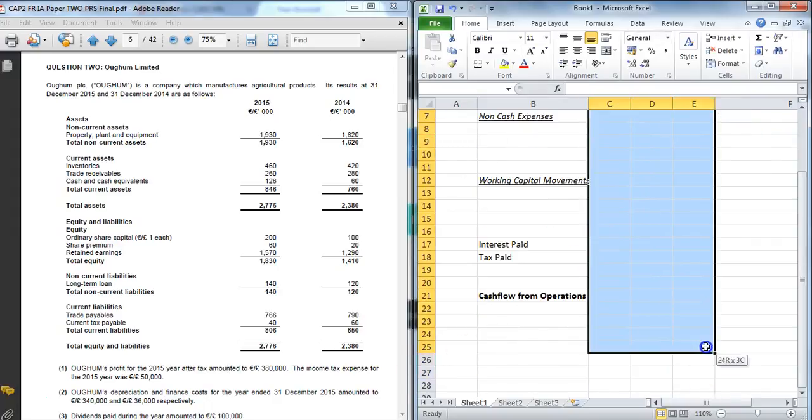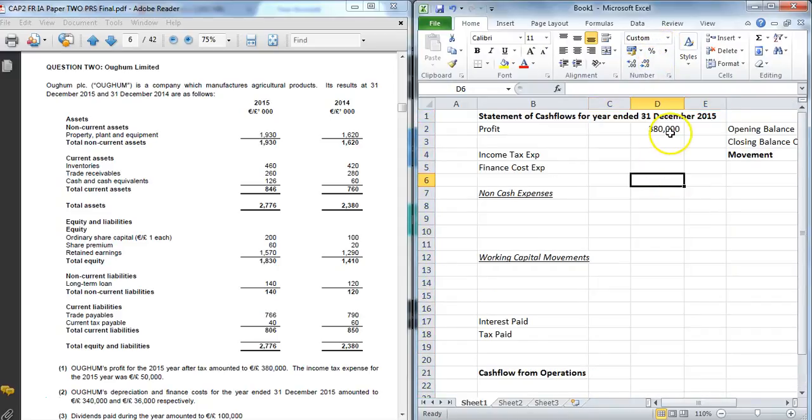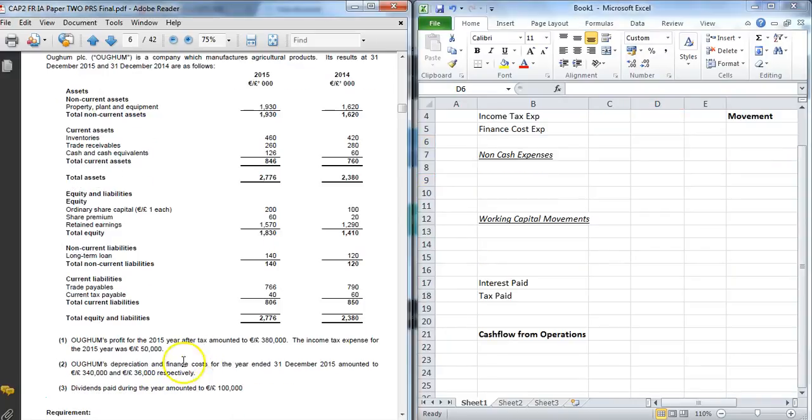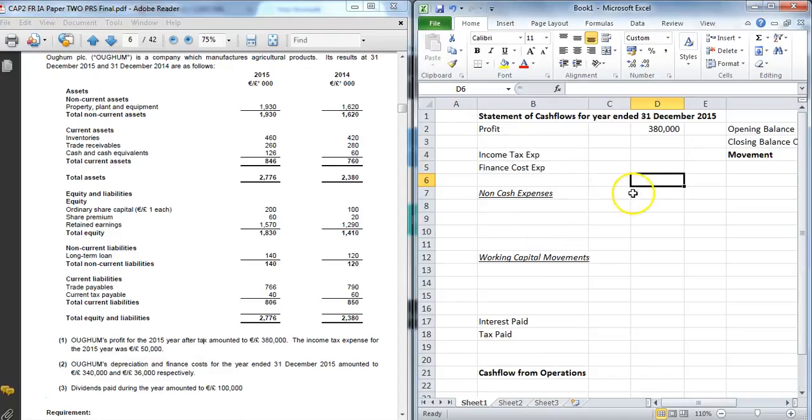I'll just format all these to make sure they're all the same. So 380,000. However, we know that's after tax. So we've charged income tax for the year, and we're also told here we've charged finance costs. So we add back the tax of 50,000, and we also add back finance costs of 36,000.